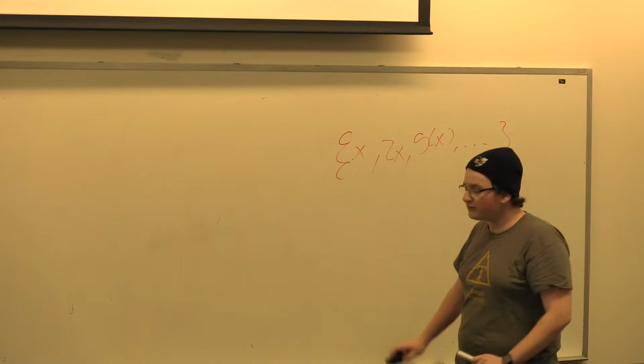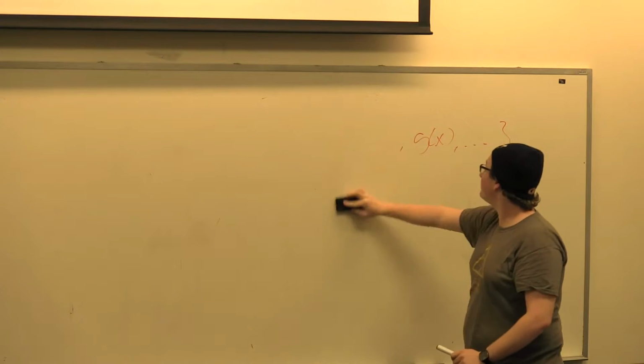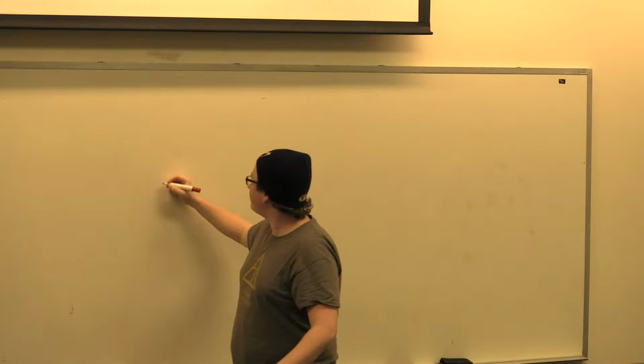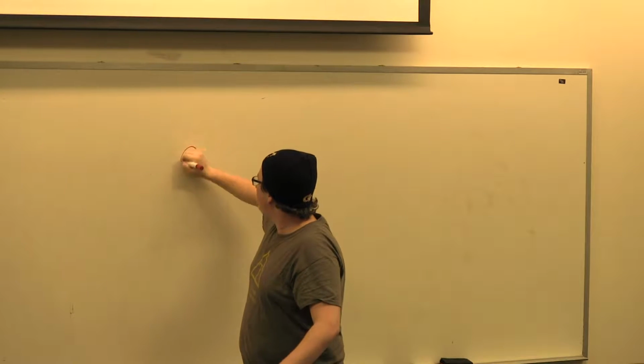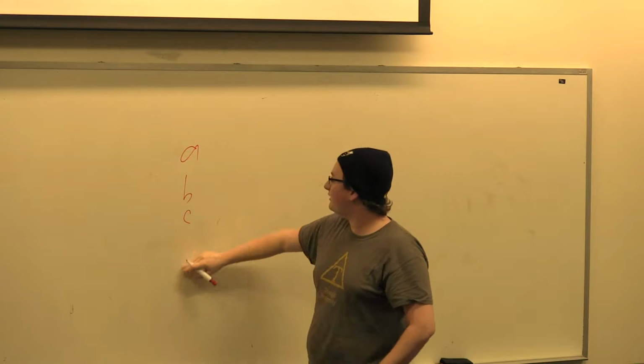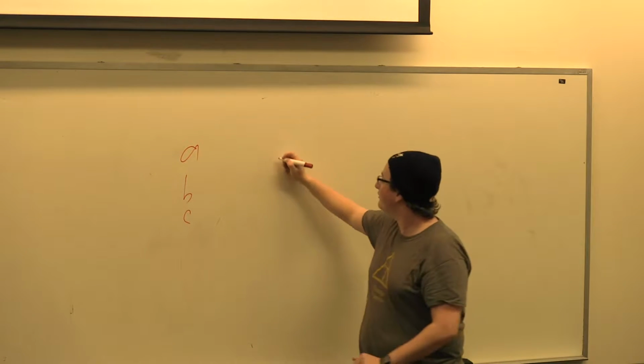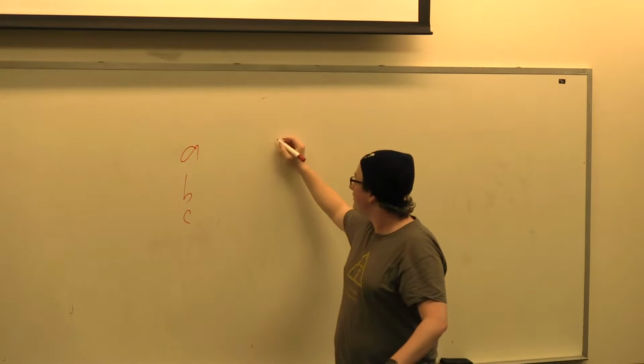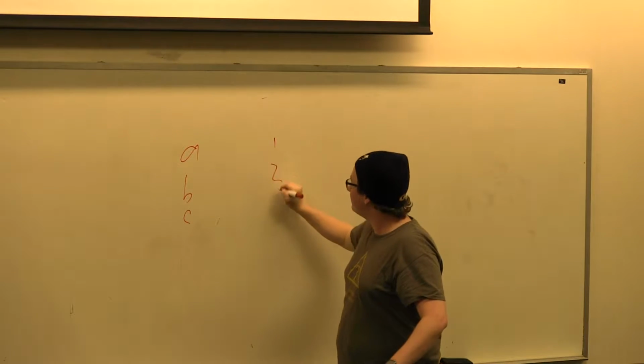An important tool when talking about sets are bijections. Bijections work like this. Let's assume I have one set with 3 objects, A, B, C, and another set with 3 objects, 1, 2, 3.